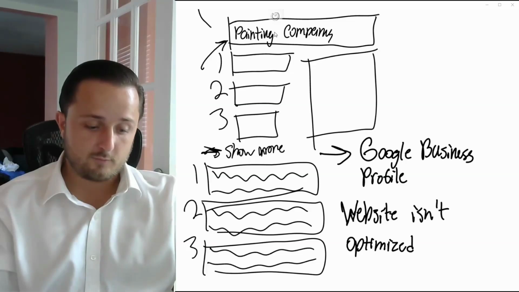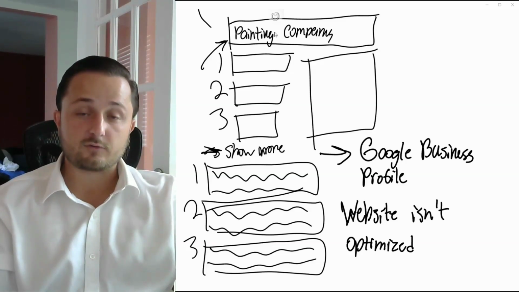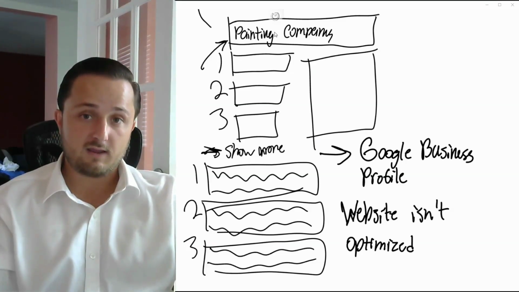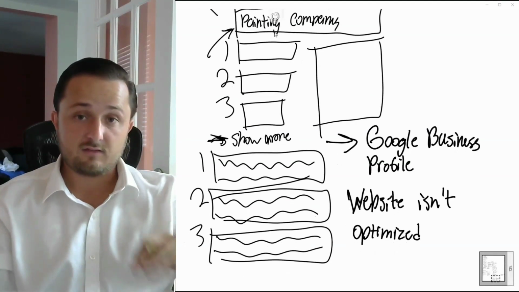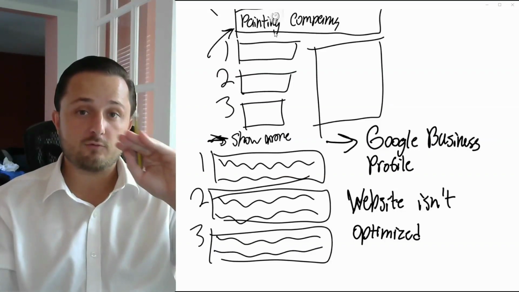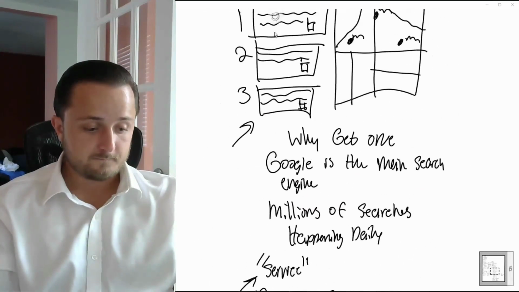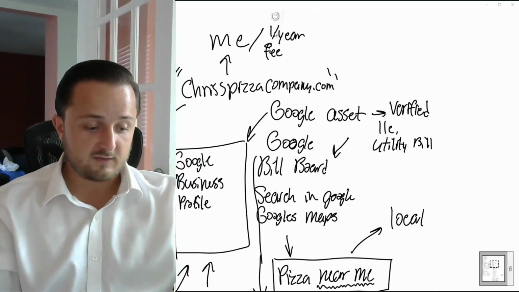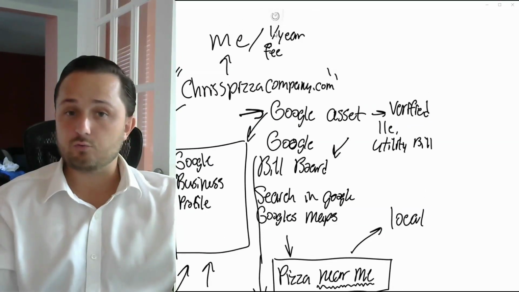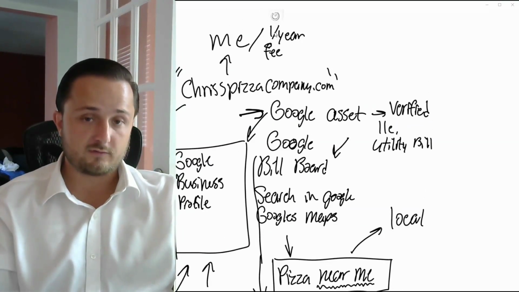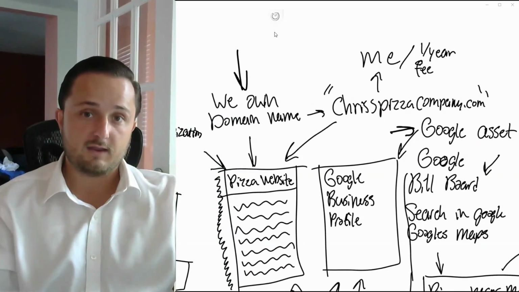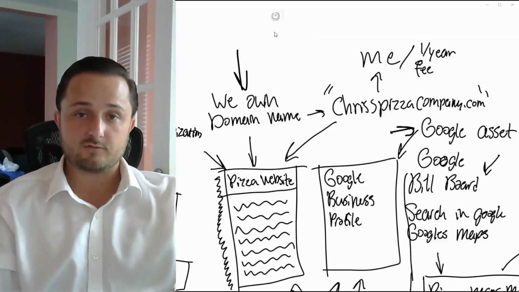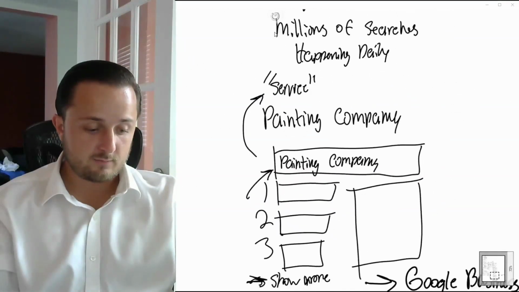If your Google Business Profile isn't optimized or set up to rank for the services or products that you offer, remember, the Google Business Profile is a Google asset. You do not own this asset. Google owns this asset. You own your website. You own your domain. You own the website files and you pay for hosting probably, etc.